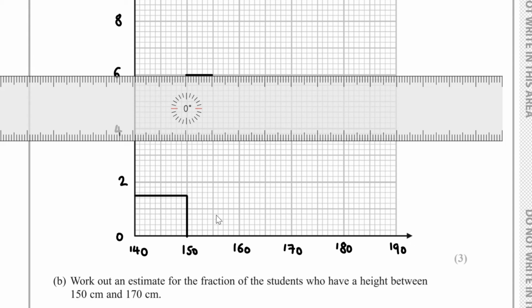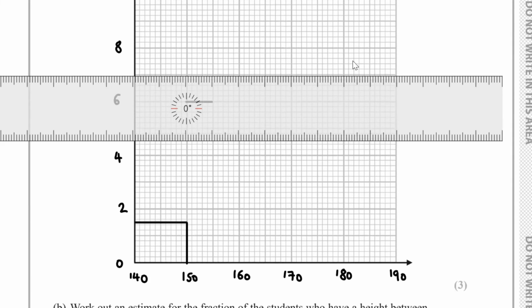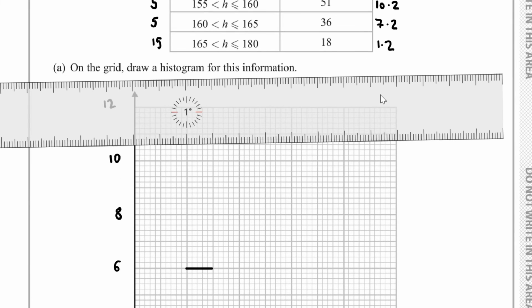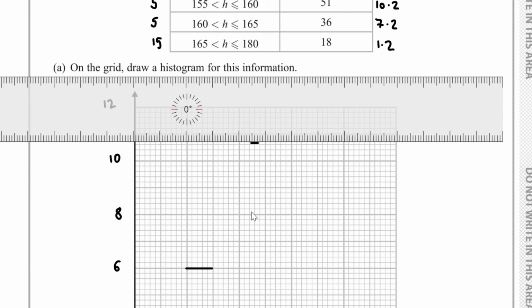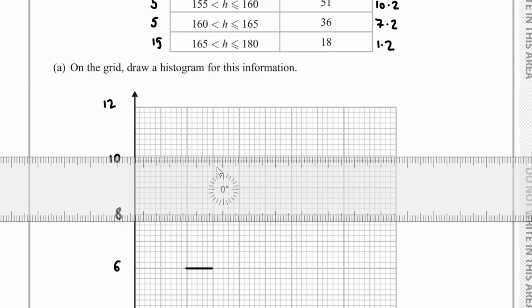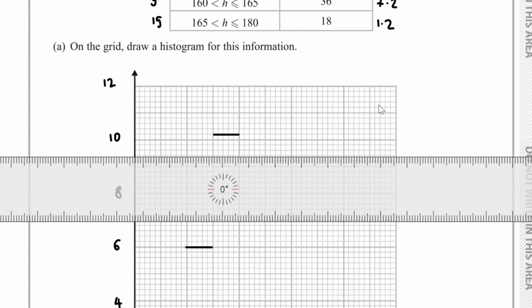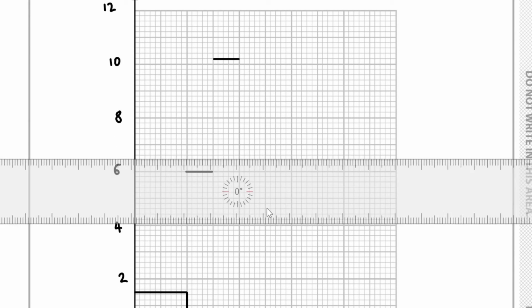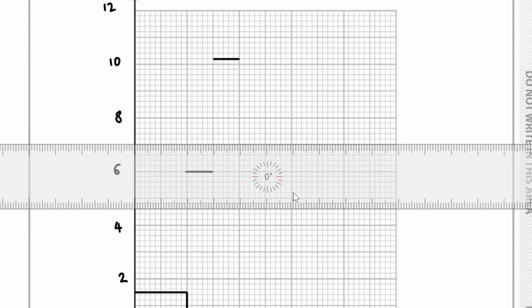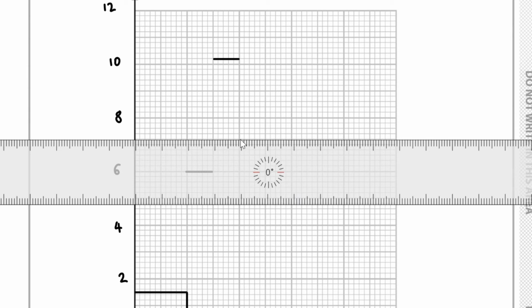And then for the next one, we've got a class width of 5 and a frequency density of 10.2. Well, we've got 10.2, which is over here. And then for the next one, again, class width of 5, and then frequency density is 7.2. So for the next one, we've got 7 over here, and then 7.2 goes here. So if I draw a line across, we get this.